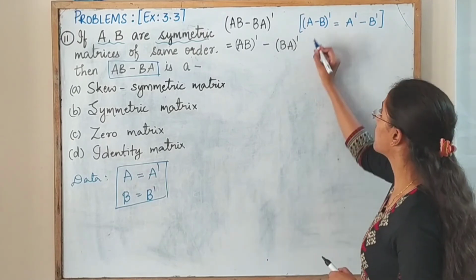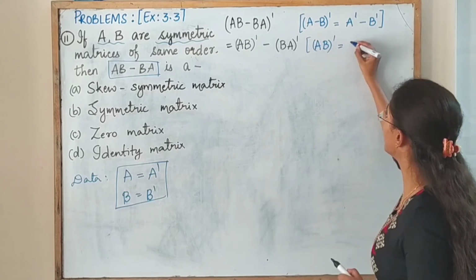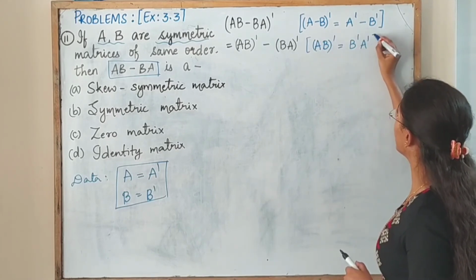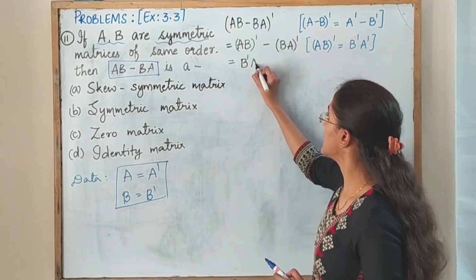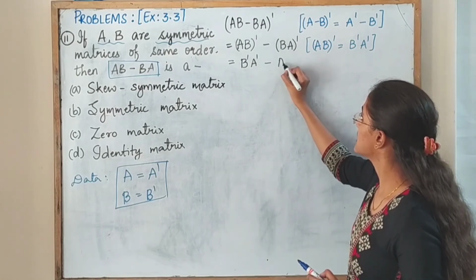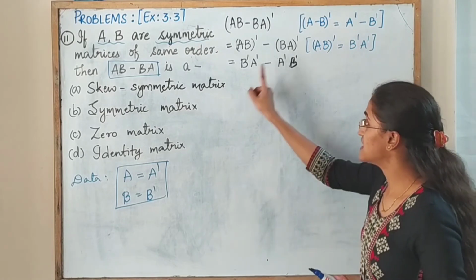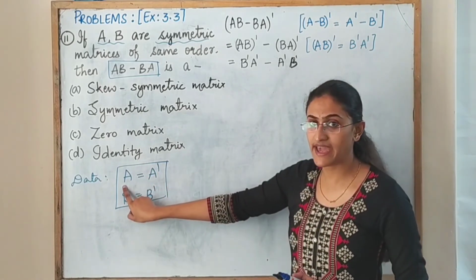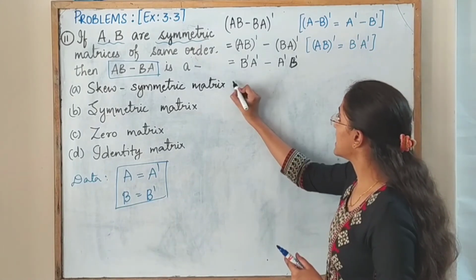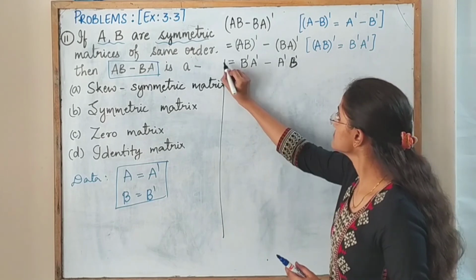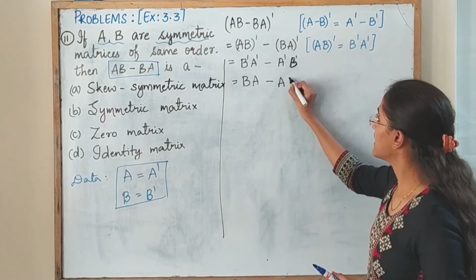And also recall another property, that is (AB)' will be equal to B'A', and hence we can have B'A' minus A'B'. And also by the data we have got A' is equal to A and B' is equal to B. Using the data we can change this as BA minus AB.